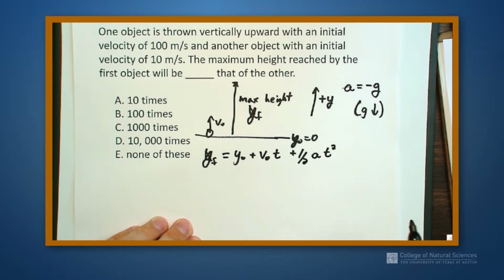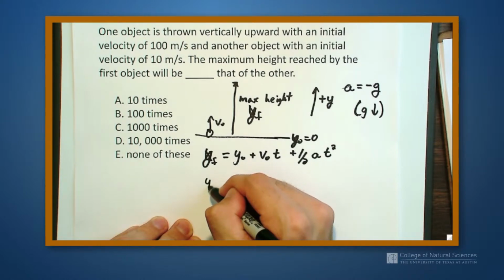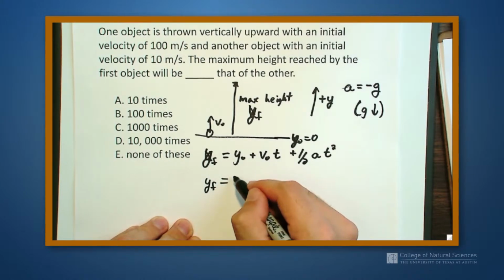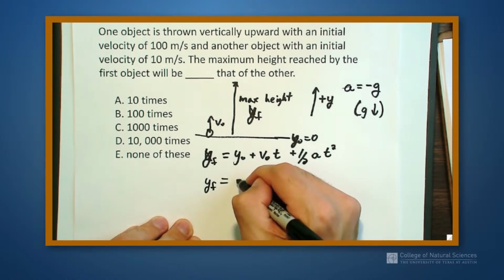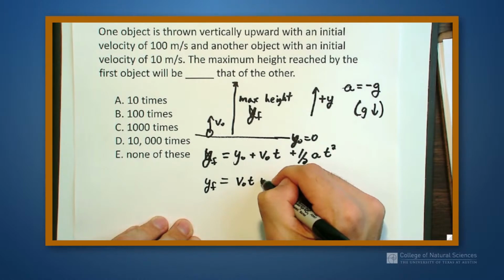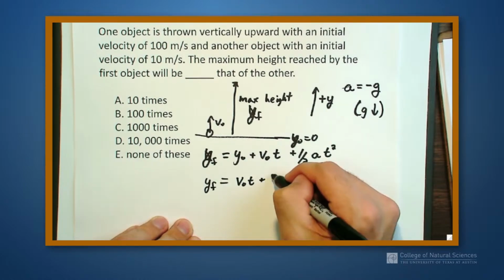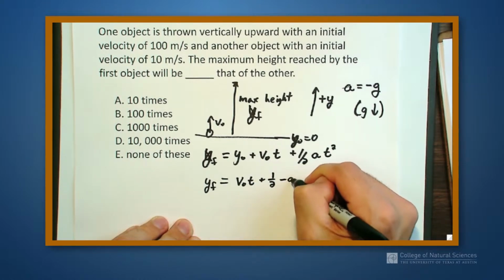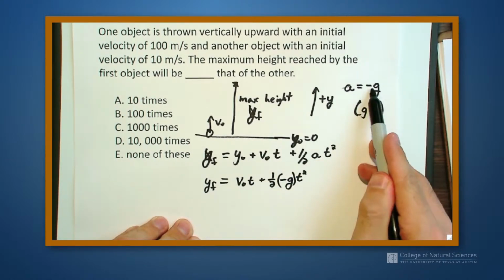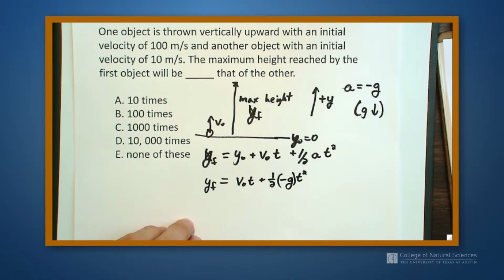All right, let's see if we can eliminate some stuff out for both these cases. It starts at 0. So my y final, my max height, is equal to 0 plus v naught t plus 1/2 minus g t squared. Just substituting in my minus g for this equation.